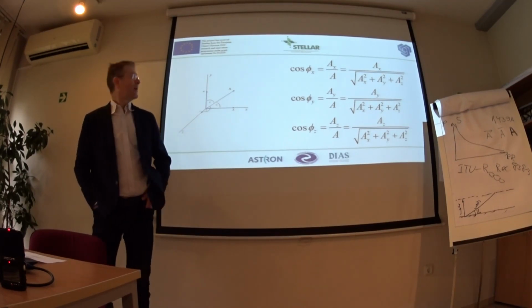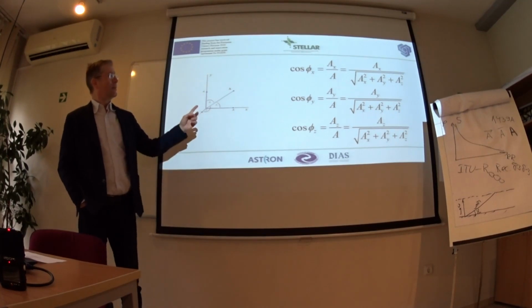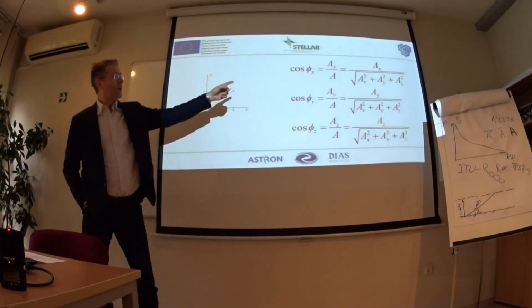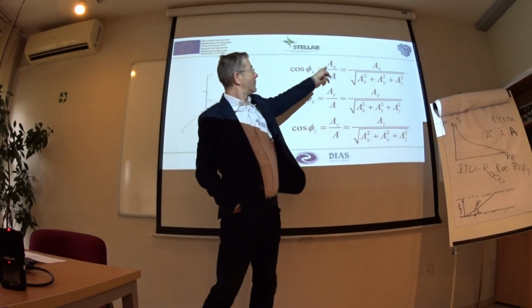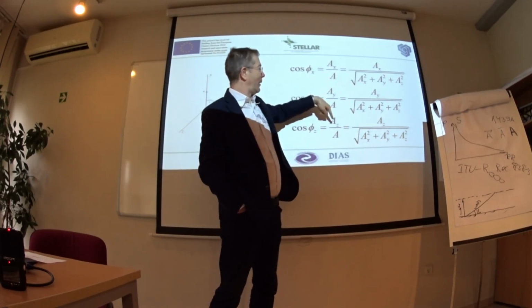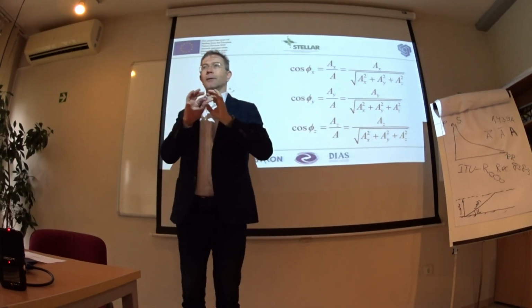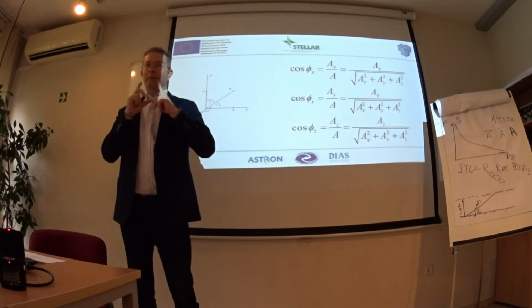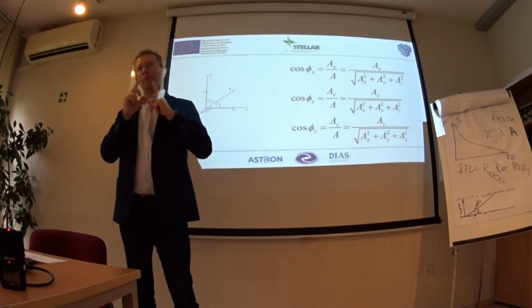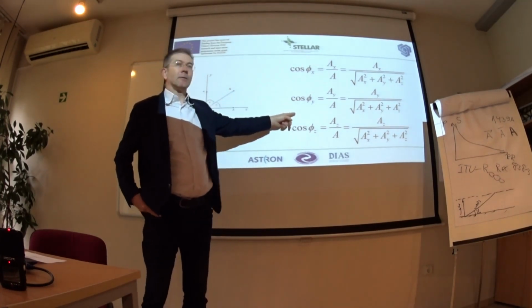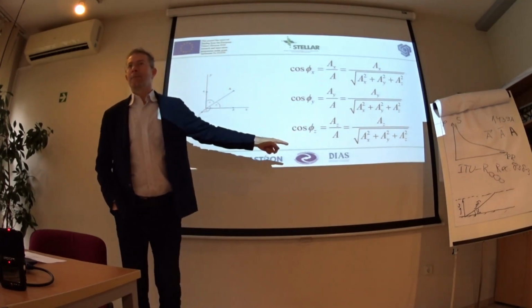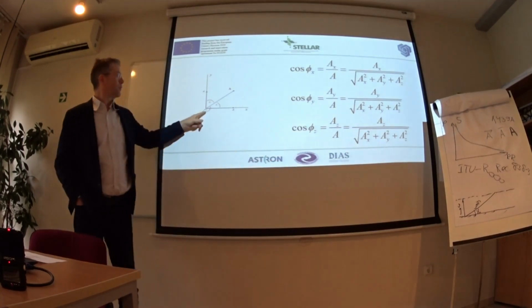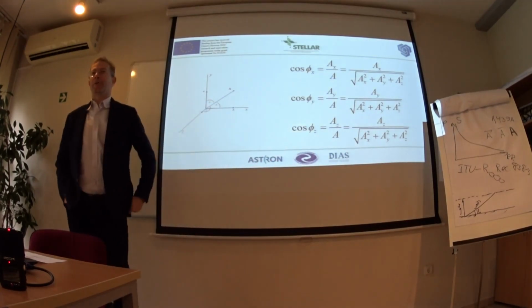So if we know the coordinates of the vector, Ax, Ay, Az, our vector is completely determined. We know the magnitude and we know the angle of direction of this vector.